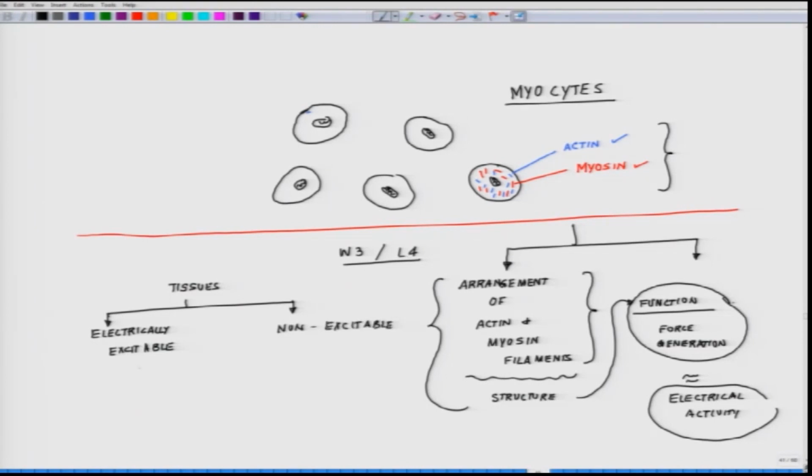What that means is electrically excitable tissues can generate an electrical waveform that we call action potentials. Okay?